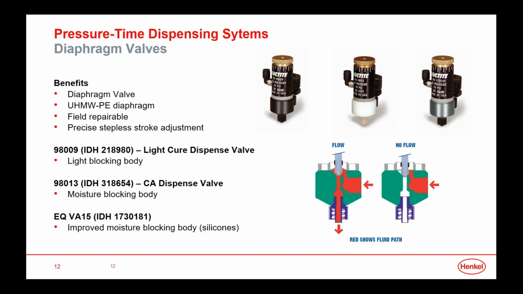Now all these valves are considered pressure time. Moving from a handheld solution to a reservoir and valve solution does improve things: you could set dispense times, you could set pressures, and you can improve your accuracy. But you will still be subject to all those factors that we talked about in that first slide.